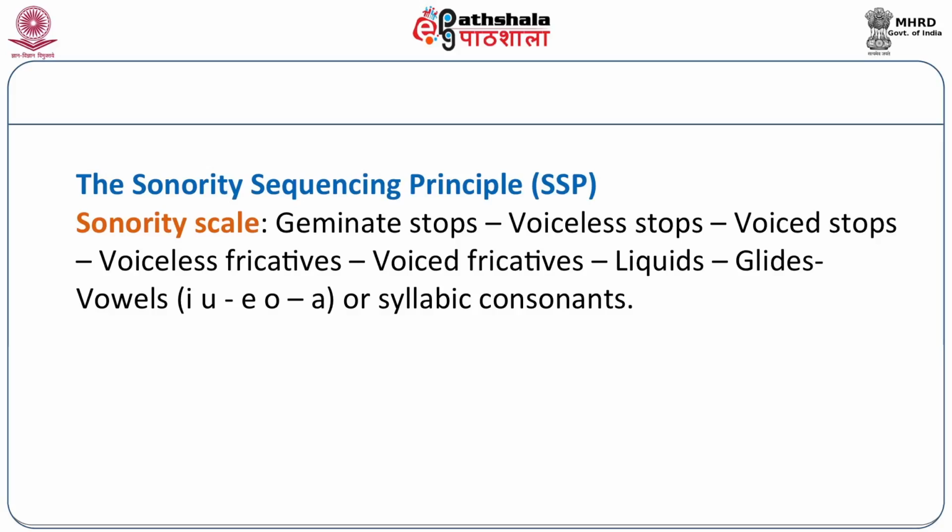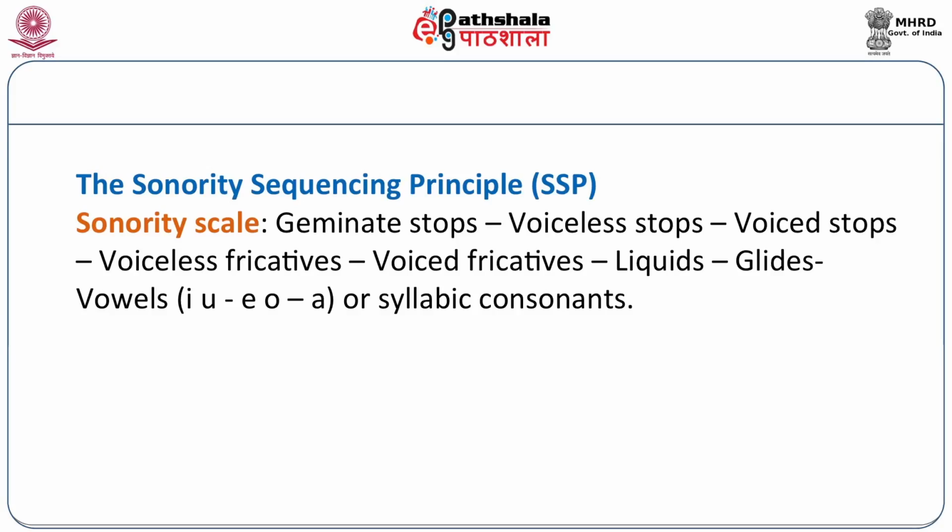We have the geminate stops being shown as the least sonorant, followed by voiceless stops, followed by voiced stops, and then fricatives, voiceless fricatives, and then voiced fricatives, then liquids like l, r, then glides, w, y, then vowels or syllabic consonants.